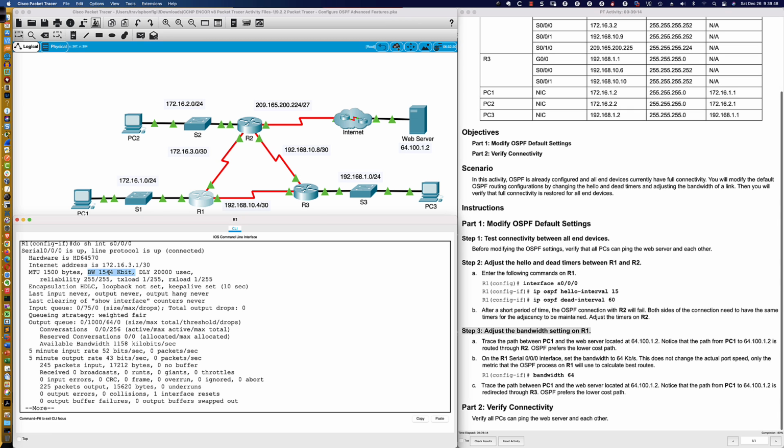You could be getting 128, 256, 512, 768, or the full 1544. Now, these are routers that are connected back to back, right? So they would enjoy the entire 1.544 megabits per second.